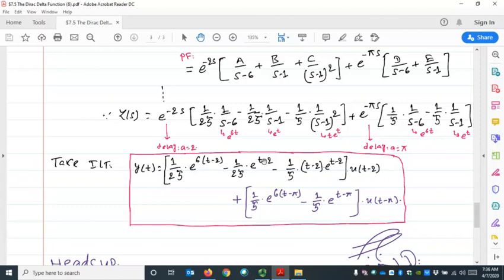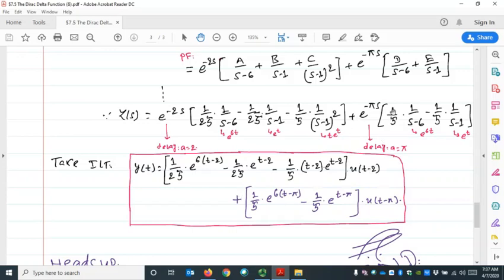So e to the power t minus 2 multiplied by unit step function u of t minus 2, minus 1/5 the inverse Laplace transform of 1 over s minus 1 square, which is simply t times e to the t, delayed by 2, so 1/5 times t minus 2 times e to the power t minus 2 multiplied by unit step function little u of t minus 2, which is here. So I factor out these unit step functions. Correct.